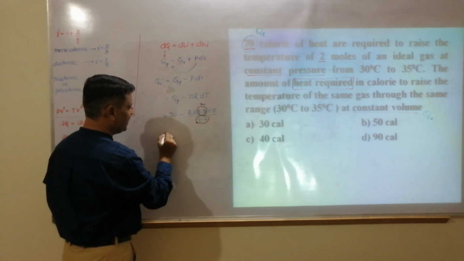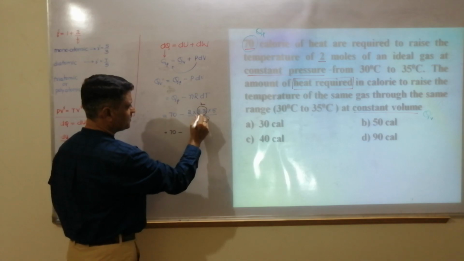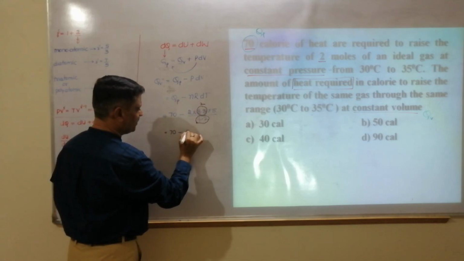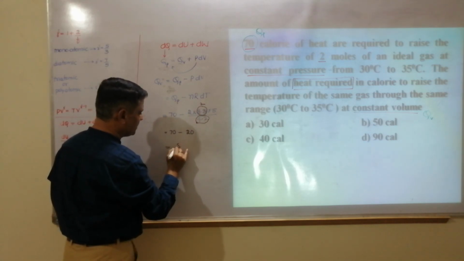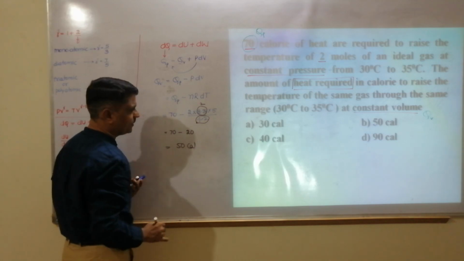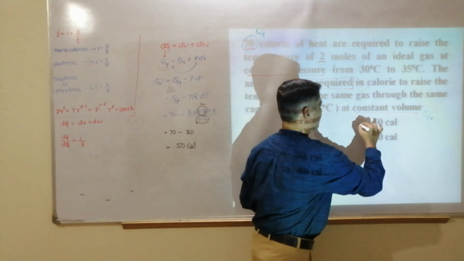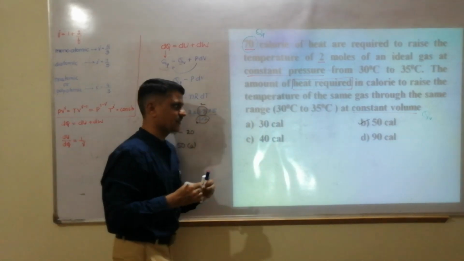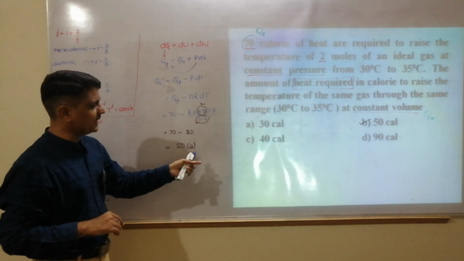So it is 70 minus 4, 5 means 20, means the answer is almost 50 calorie. So option number 2. This is our calculation method.